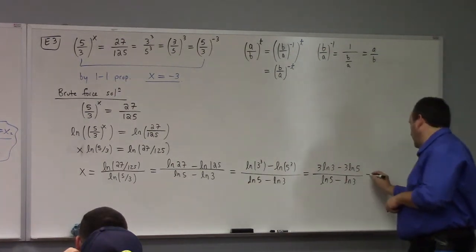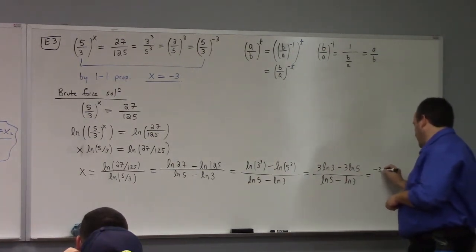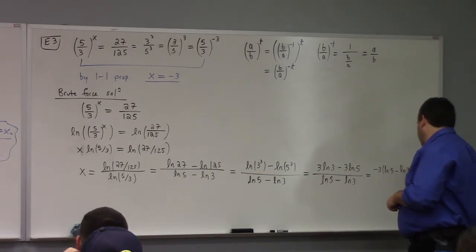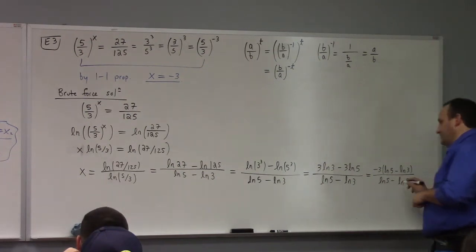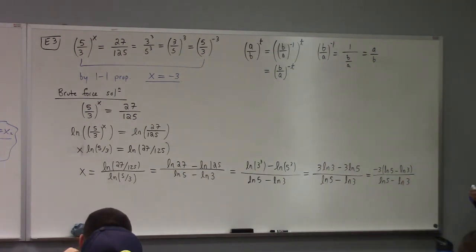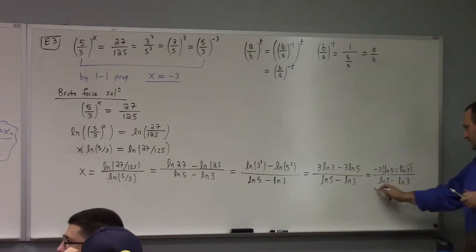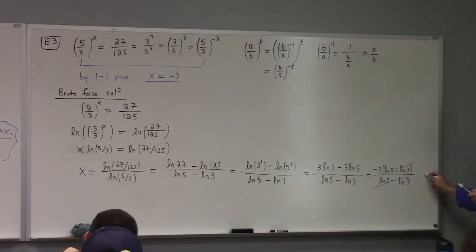Factor out, and you've got minus 3 times log 5 minus log 3, divided by log 5 minus log 3. But those are equal, and so the answer is minus 3.